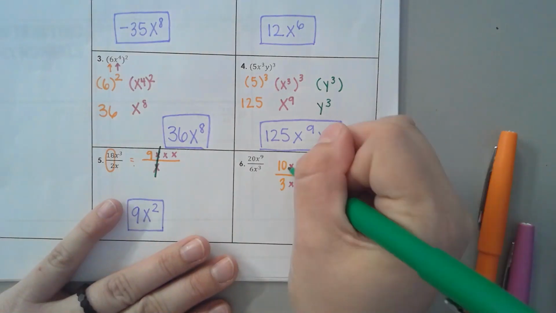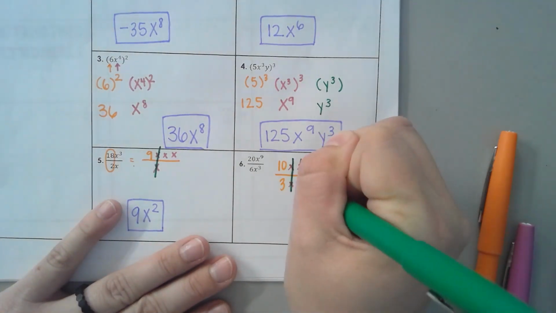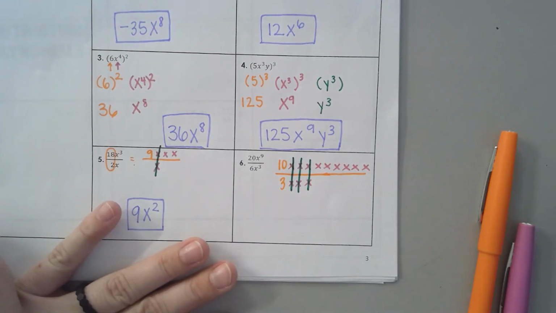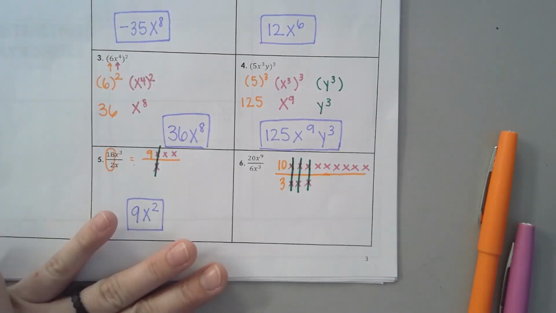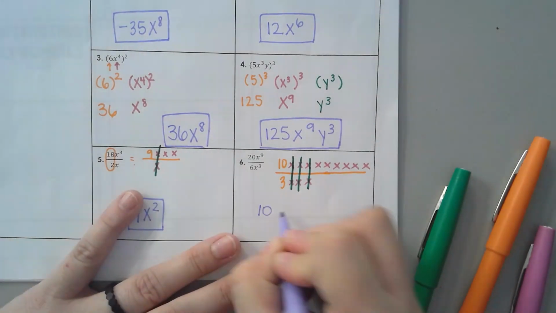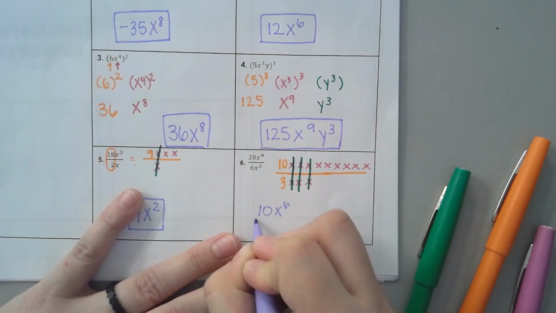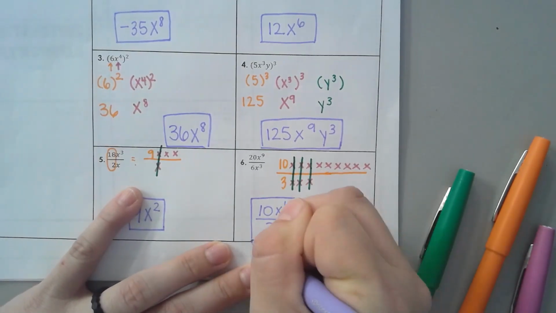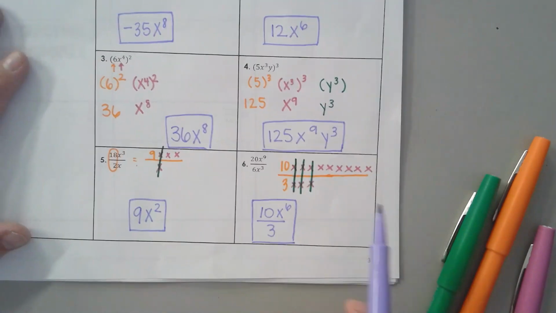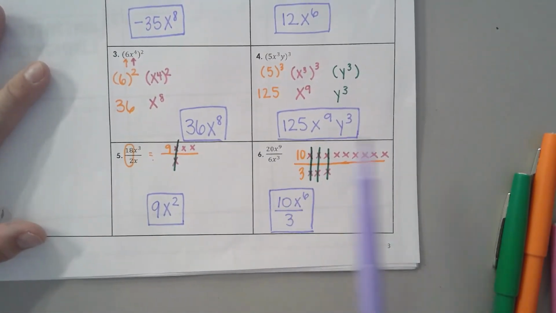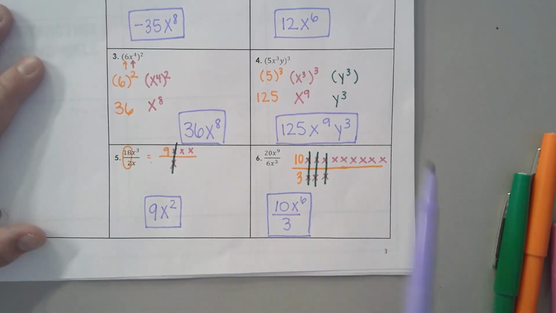So then I can cancel out 3 times. How many x's are left? 6. So my answer is 10x to the 6th over 3. If you like writing it out, if that helps you, by all means, do that. But I don't expect you to, you don't have to.